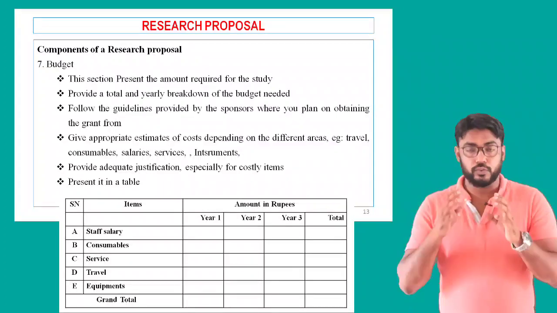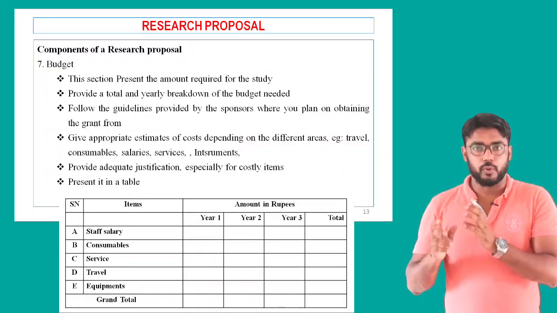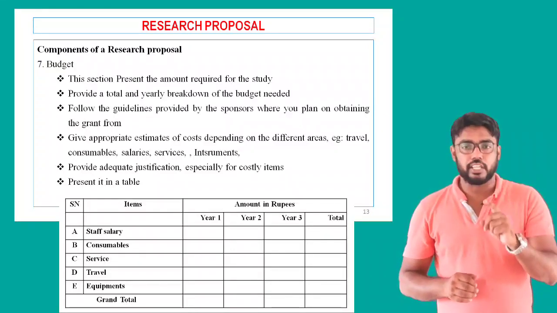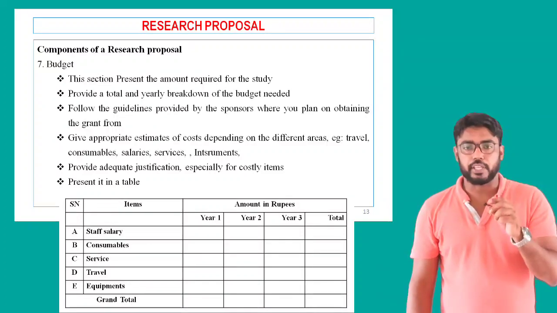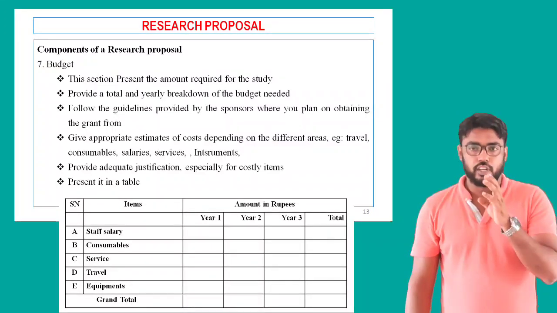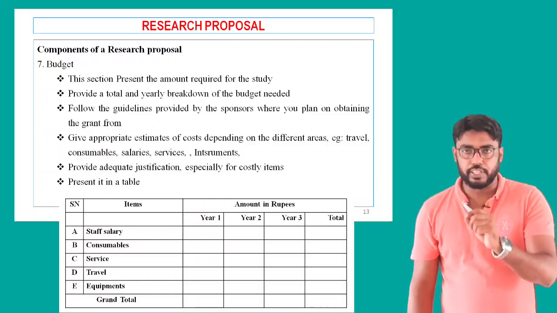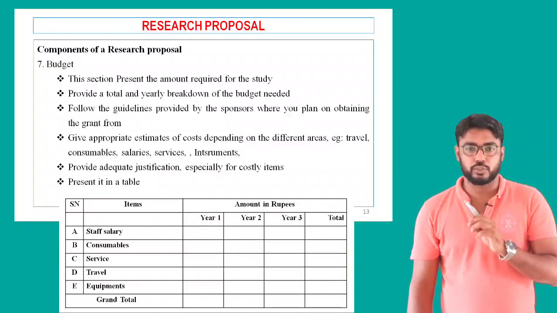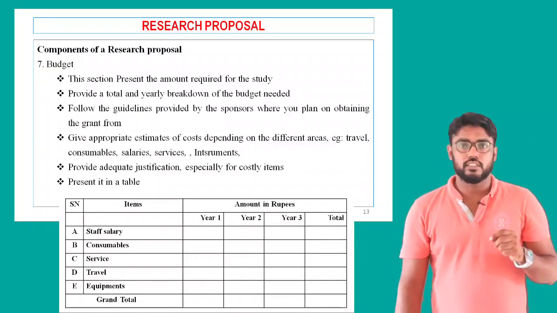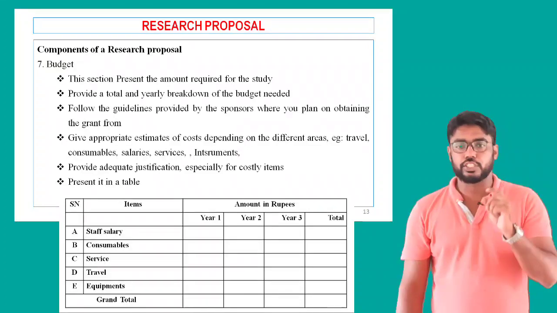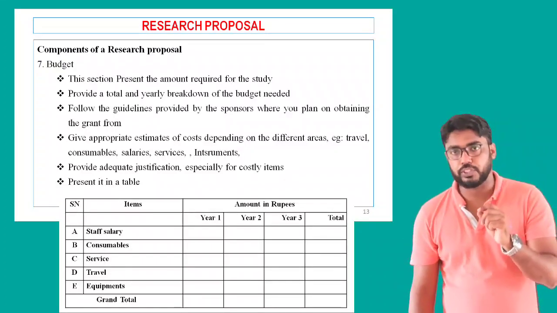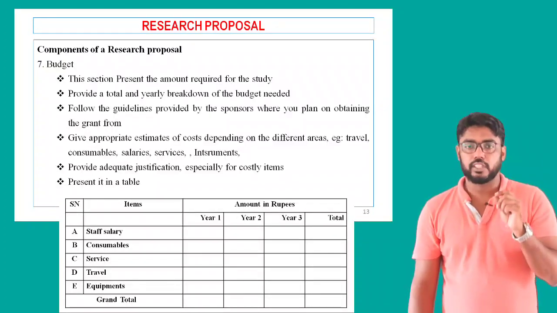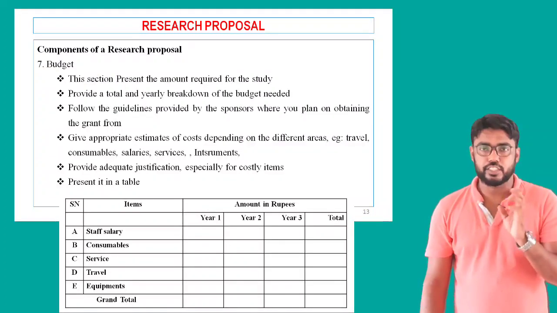Follow the guidance provided by the funding agency, give an appropriate estimate of cost for different areas like travel, consumables, salaries, services, instruments, and provide adequate justification, especially for costly items. Preferably present this budget in a table.